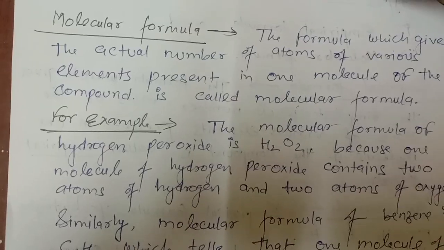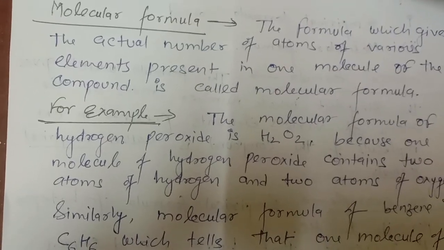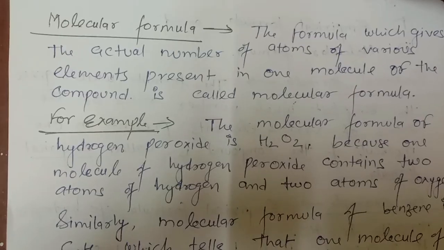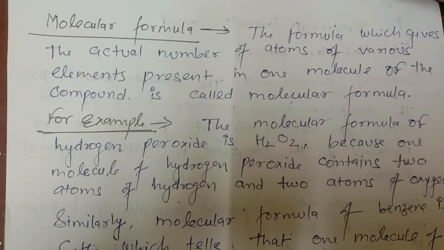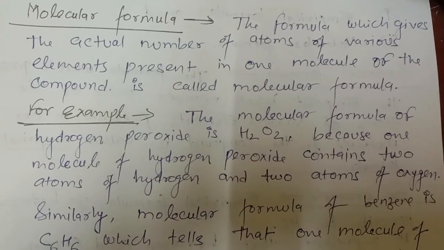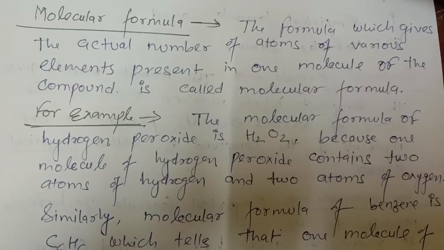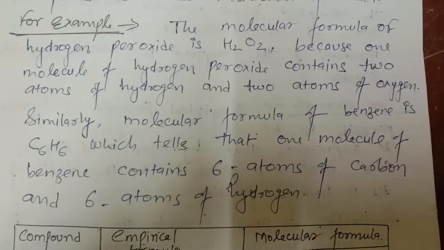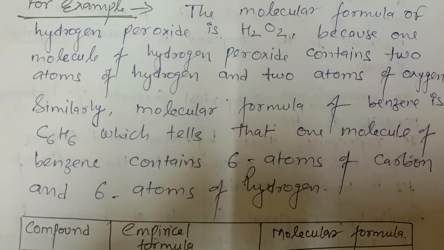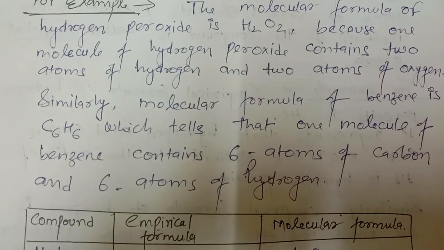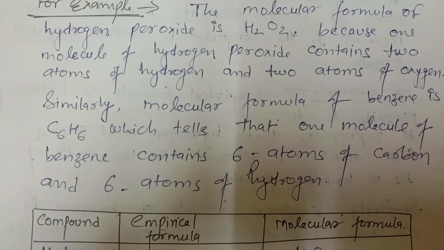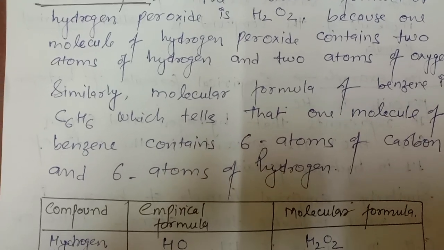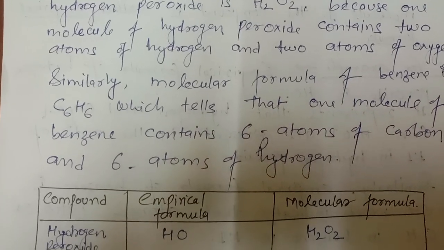For example, the molecular formula of hydrogen peroxide is H2O2, because one molecule of hydrogen peroxide contains two atoms of hydrogen and two atoms of oxygen. Similarly, the molecular formula of benzene is C6H6, which tells that one molecule of benzene contains 6 atoms of carbon and 6 atoms of hydrogen.